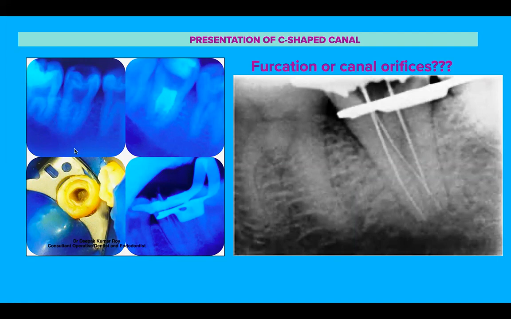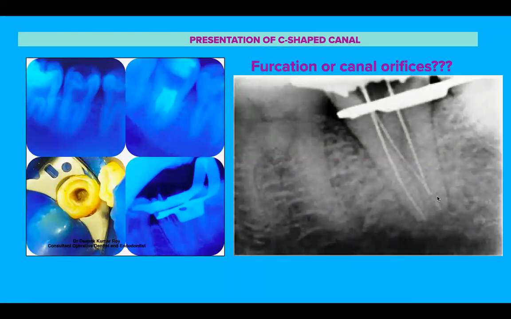As we can see here, clinically the shape of the canal configuration is C-shaped. While doing the working length determination, the file can be in the canal or midway between the furcation. So it's not like the file is going into the furcation area.